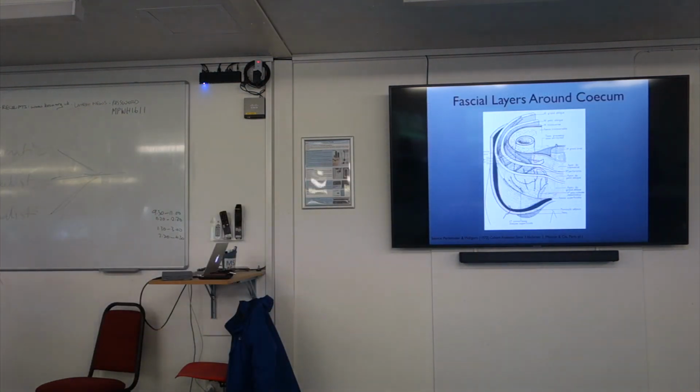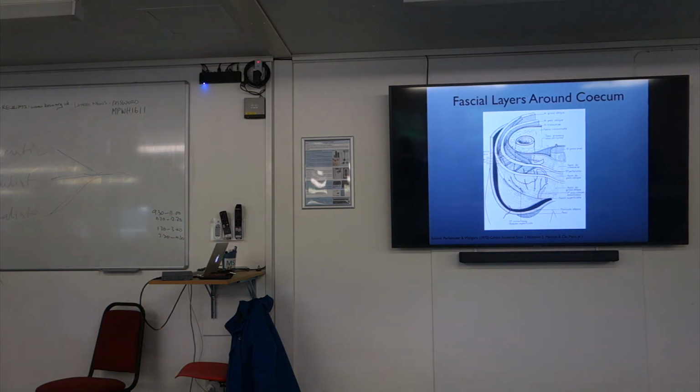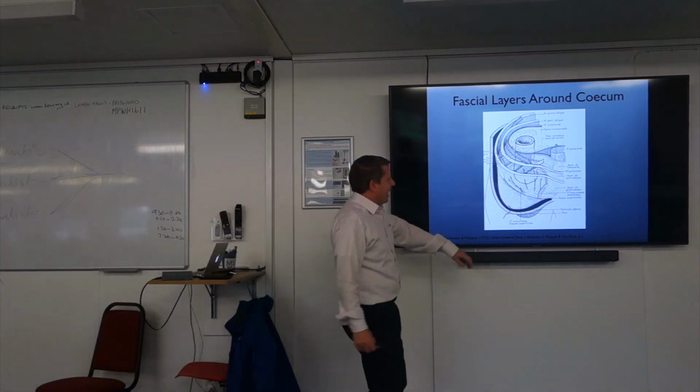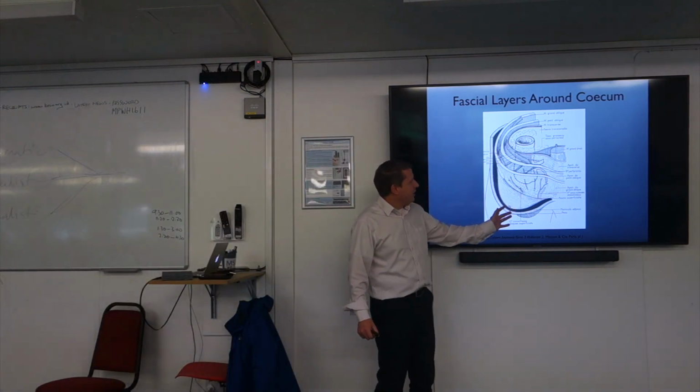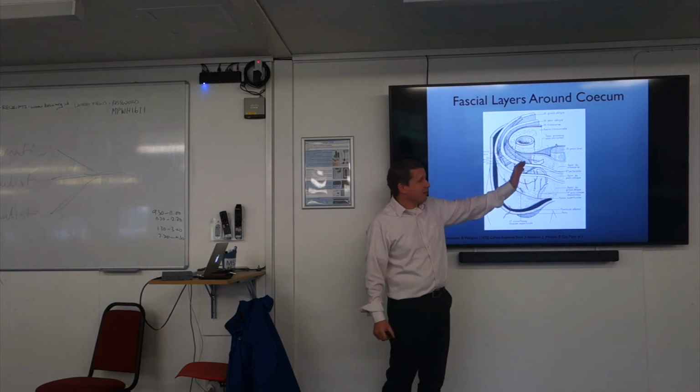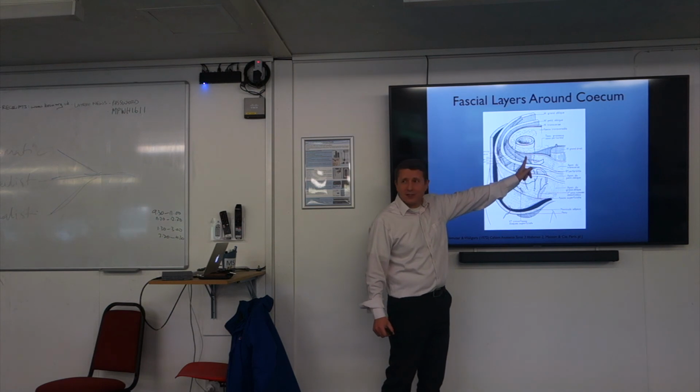And again, just to keep us humble, I show this picture so that when we put our hands on the abdomen, and we say, oh, I'm on this organ, I'm on the ascending or descending colon, I can feel this or that, remember that we are going through lots of layers. So we have our superficial fascia here, we have external, internal oblique, transverse abdominis. So we have these layers, and then we get to the colon.